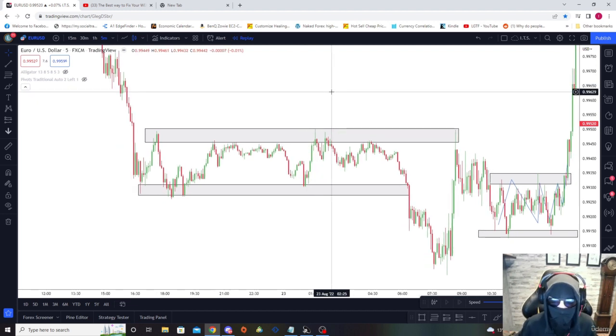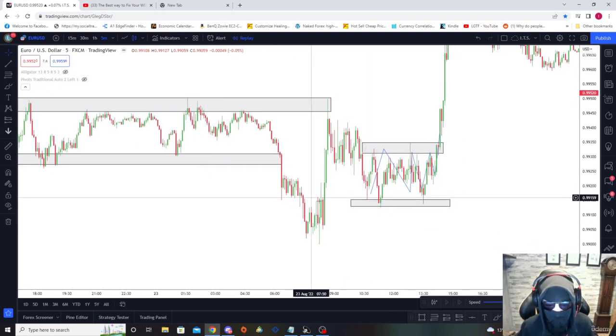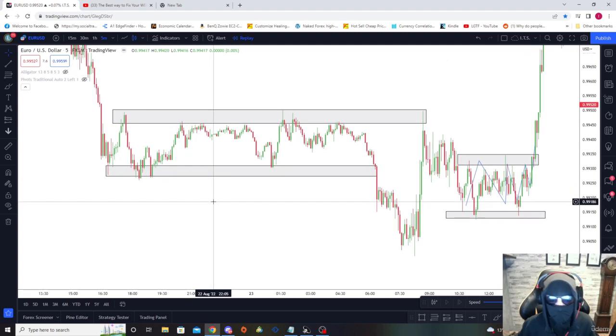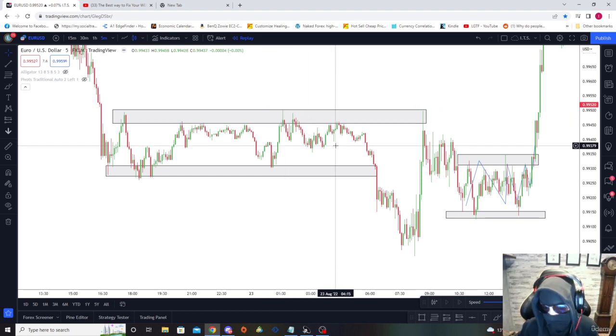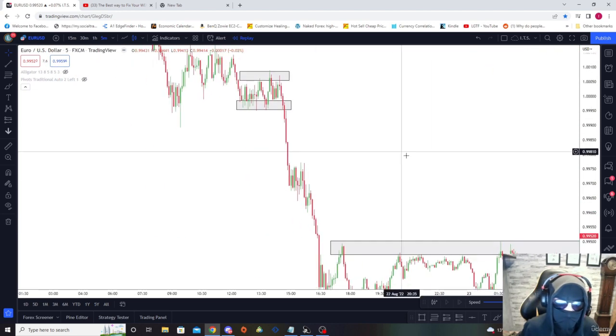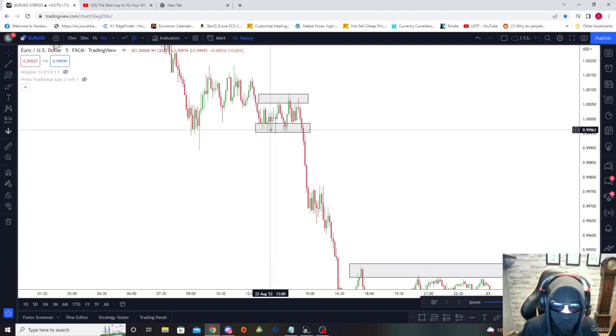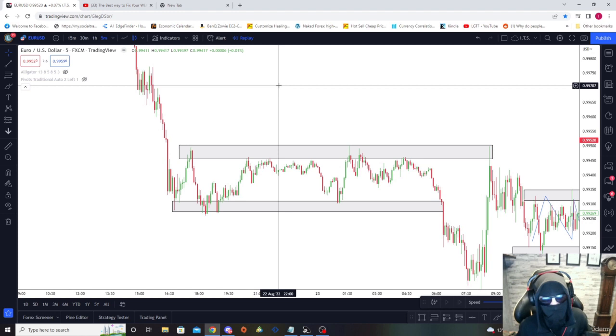If you identify a support zone, a low that's maybe been hit twice, you just buy the support zone and take your profits at the resistance zone, and then you sell on the resistance zone, and that's basically it. That's the whole strategy. You could have done it here: buy, sell, buy, sell. Could have done it multiple times in here. You could have just bought once and sold once. So that's the first way you can trade it.